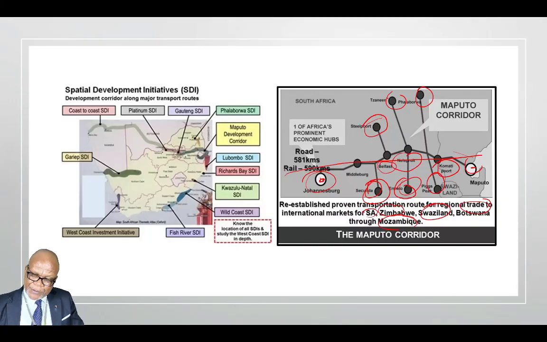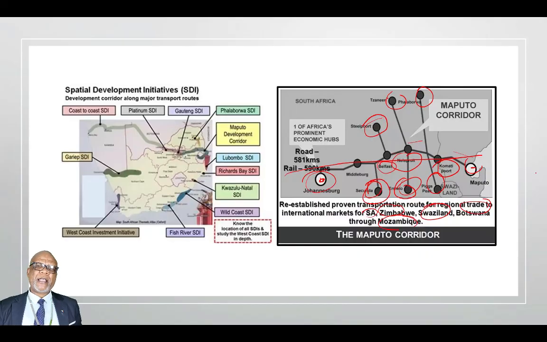But now they are all linked by this transport route, by this communication and transport link. So your SDIs and your IDZs are linked to each other because the one is a corridor, the other one is specific areas. They are estates. You find an estate here, and you link one estate to another estate.